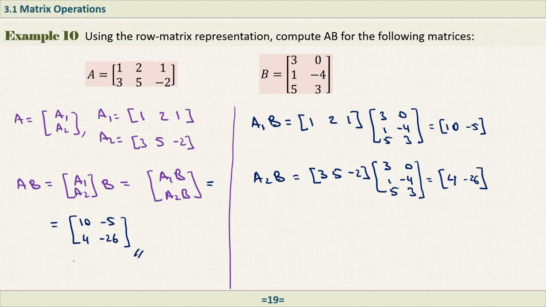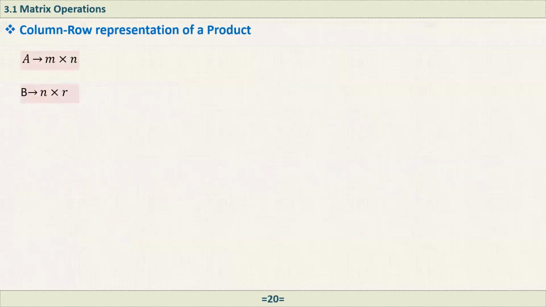Another way of multiplying two matrices. All right, and again, the definition of the matrix product AB uses the natural partition of A into rows and B into columns. This form might well be called the row column representation of the product. That is another special way of partitioning matrices.